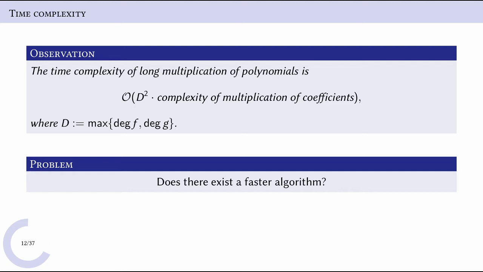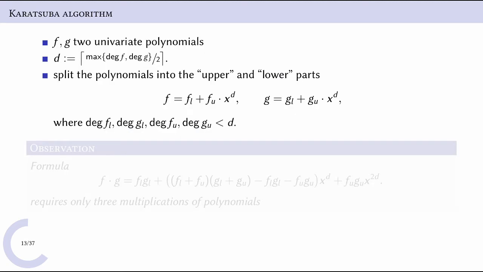So it was quite surprising when Karatsuba, at that time just a student, came out with a completely new algorithm for multiplying. His algorithm was originally developed for integers. I will present it here for polynomials, because for this course the polynomials are the more interesting objects.